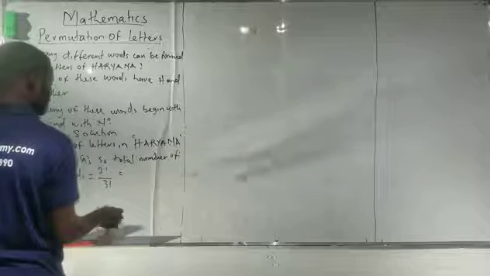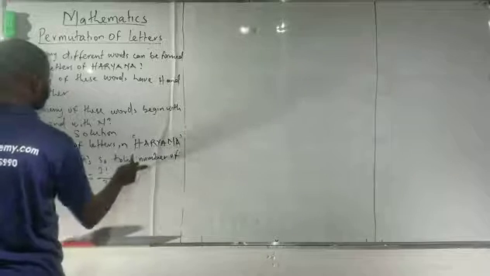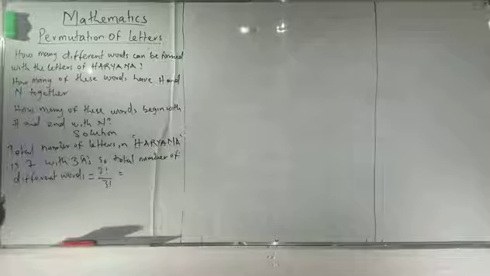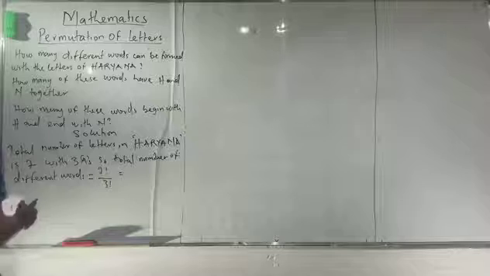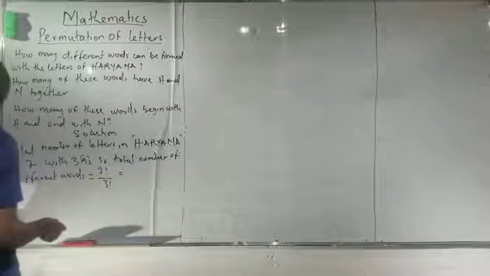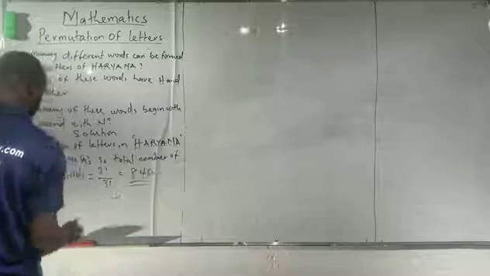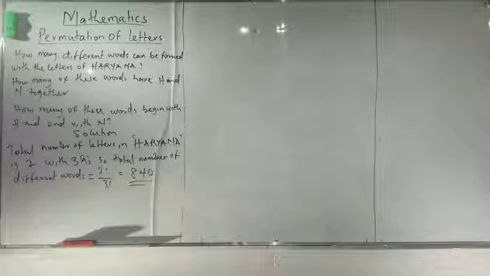I will be having 1, 2, 3, because it begins with what? Now, it will be divided by that, which is going to be what? 1. Now, that is the first thing I will do.